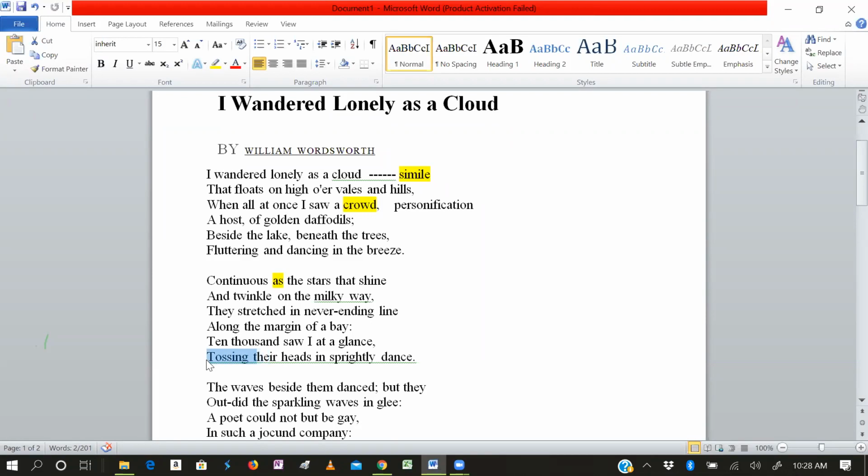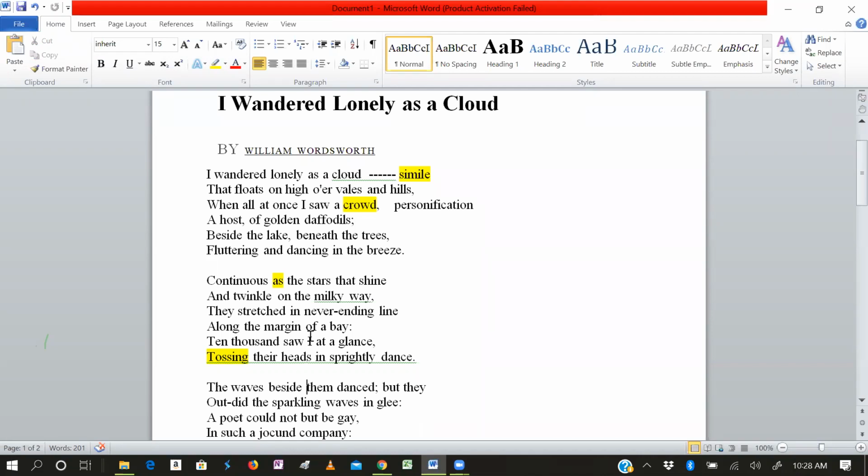This word is mostly used for people, tossing their heads. So the flowers were tossing their heads in sprightly dance. They were moving, enjoying the breeze coming over there. So the poet says that I have seen 10,000 at a glance.